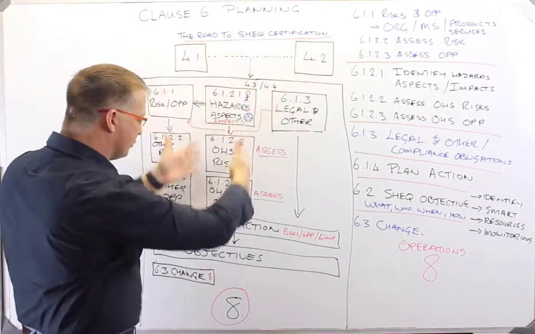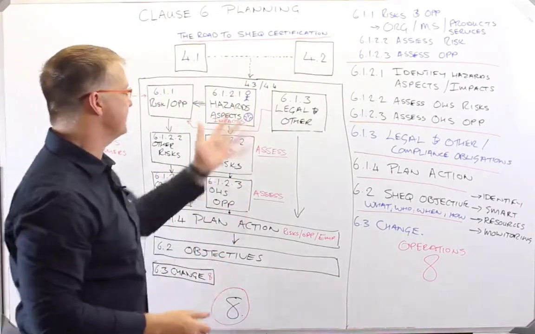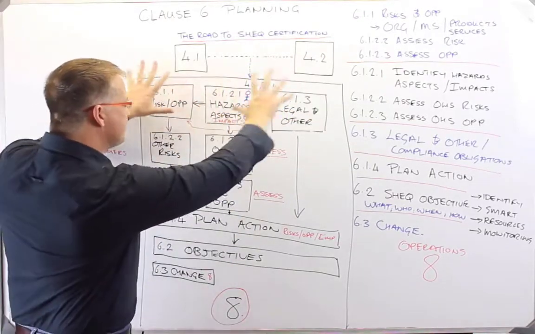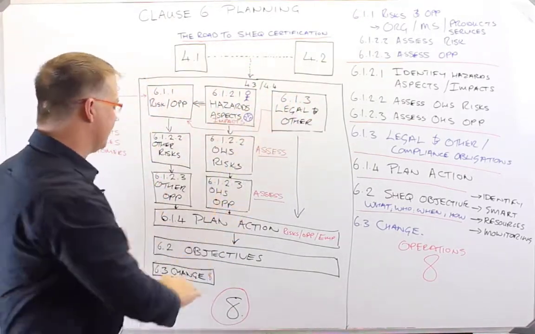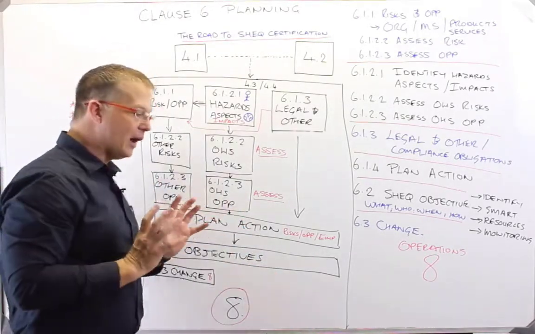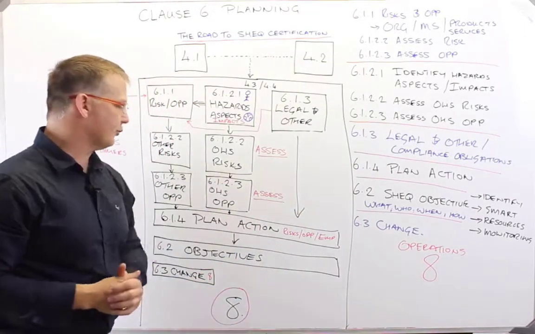Clause 4 also pulls through into your hazards, risks, environmental aspects and impacts assessment. It aids us in identifying the legal and other requirements. Once those various assessments and identifications are done, in 6.1.4 we plan action. How can we leverage the hierarchy of controls to mitigate the risk further?